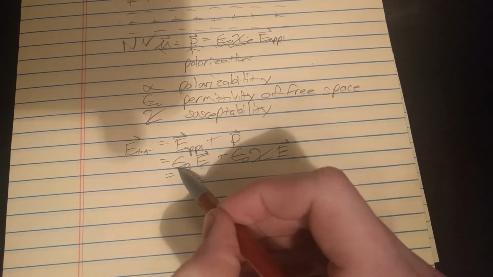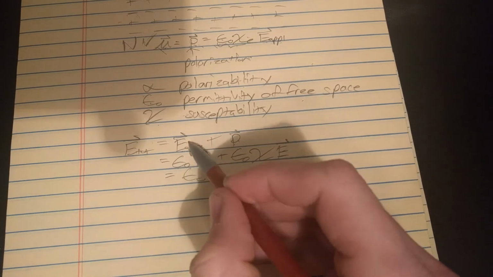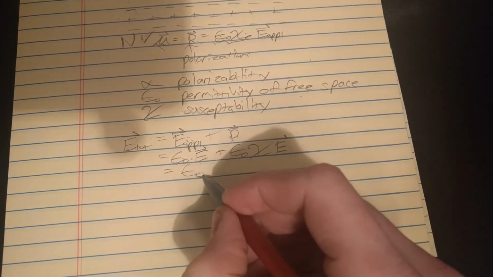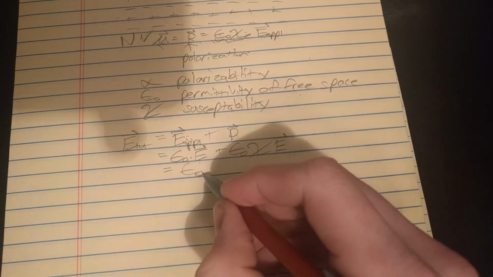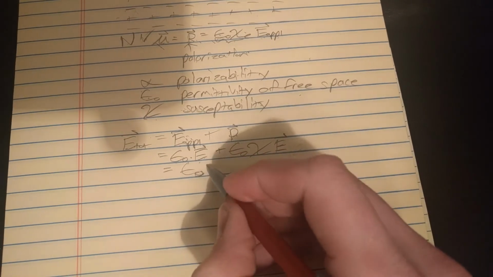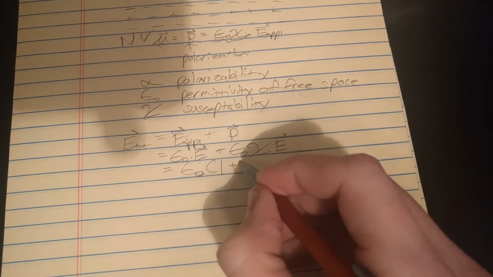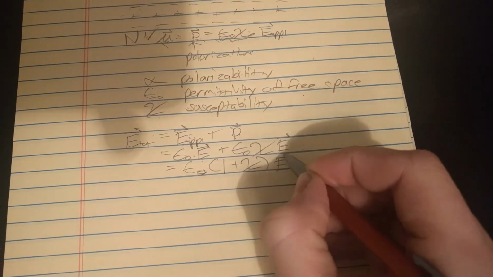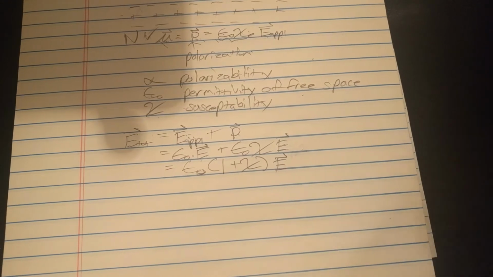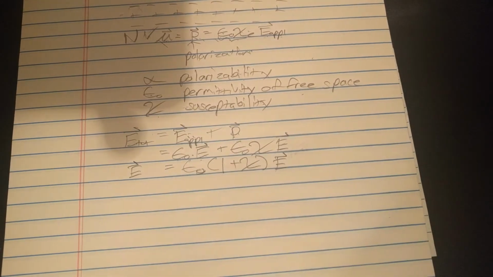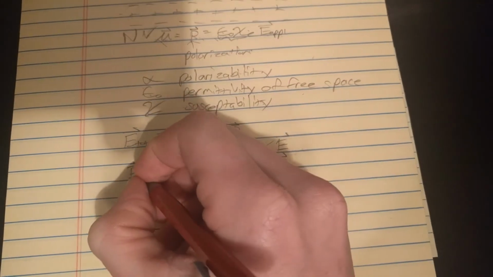That's why, if this epsilon naught was 1, well then we could keep our definition, but it's not, and it makes things complicated. Okay, so we can factor out epsilon naught, and we can write 1 plus chi, and we can write the electric field over there. This is our total electric field now, okay? Total.